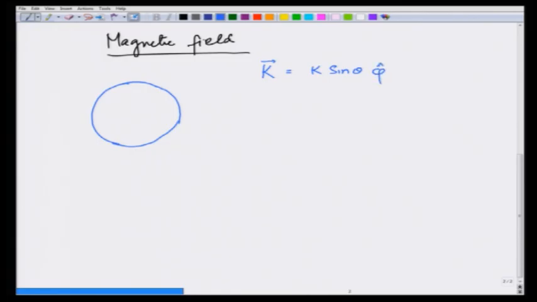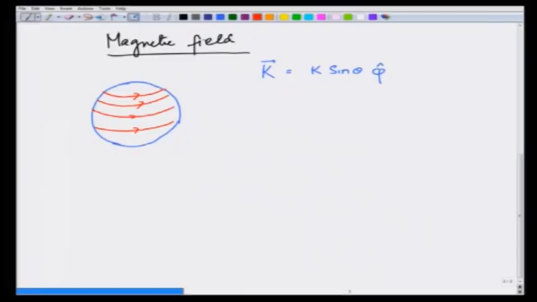Let me show this current here with red color. It is only on the surface, flowing in the phi direction if I use spherical polar coordinates. The current could arise out of a charged shell rotating with a certain angular speed, or as we will see later, this is also equivalent to a magnetized sphere. So, this is only on the surface.